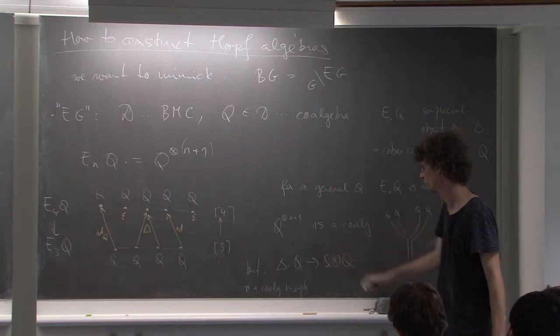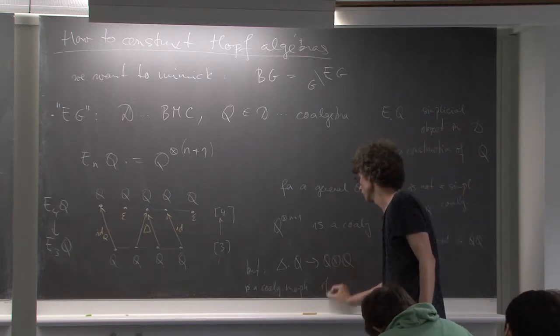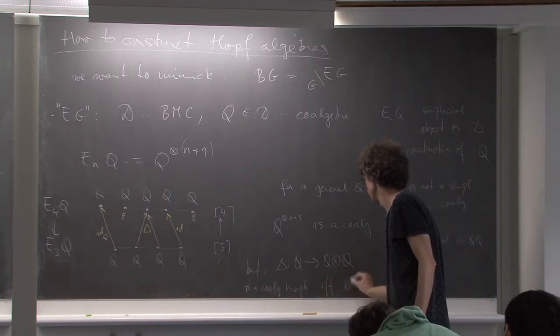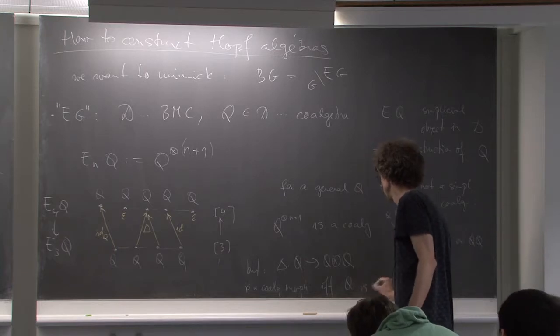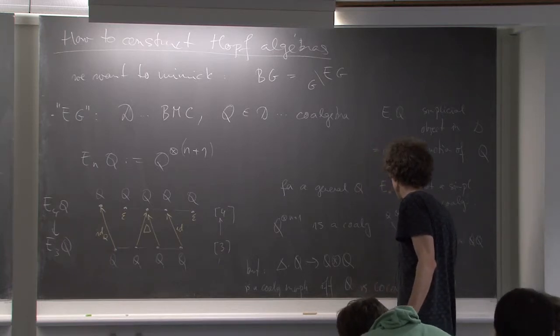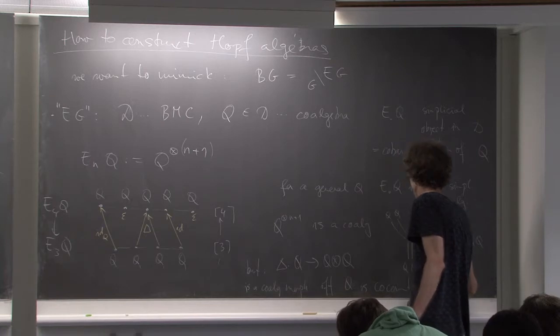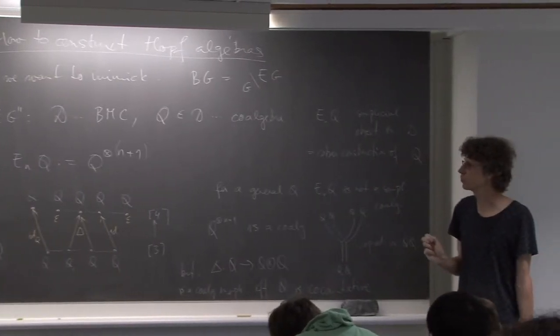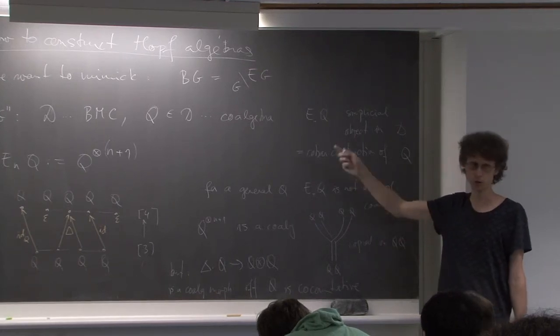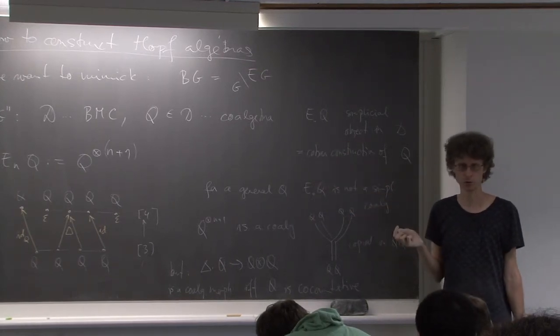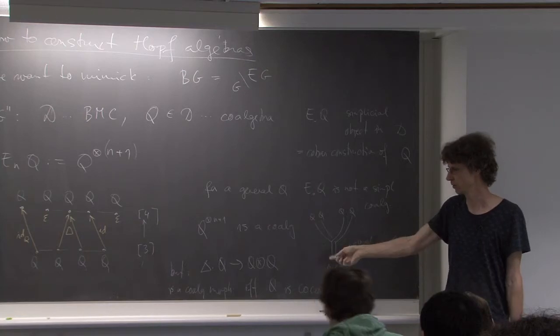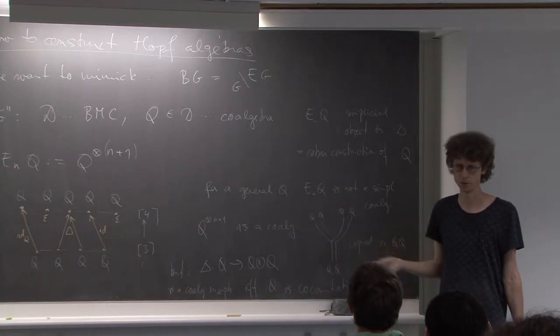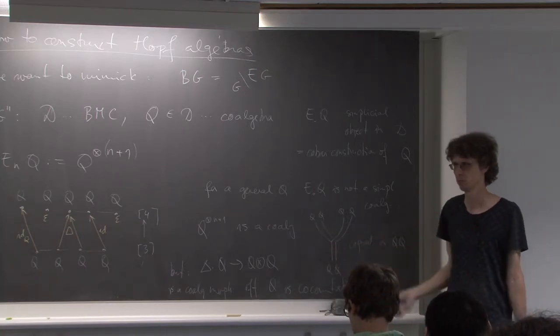This is a coalgebra morphism if and only if Q is cocommutative. Okay, cool. So if you want to have a simplicial coalgebra, not just a simplicial object, we need to demand a bit more. We need to demand that this Q is cocommutative. Let's do it.